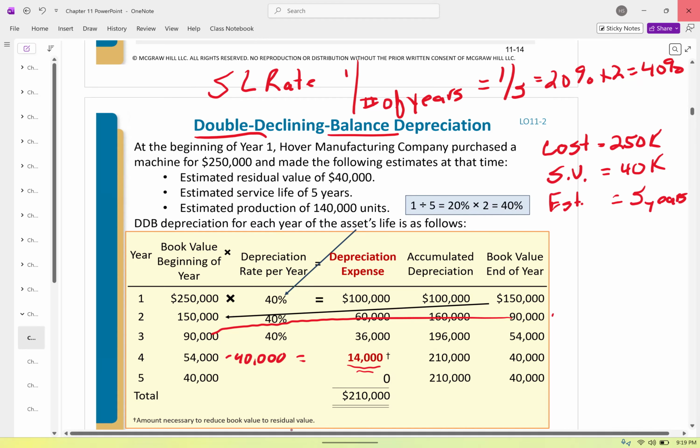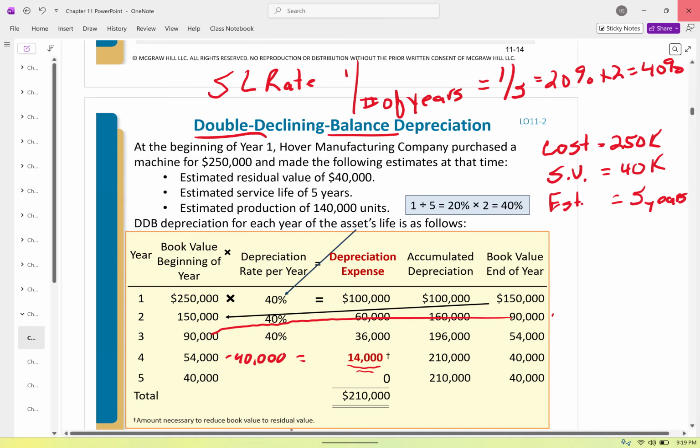This could roll over into a 6th year. It really depends a lot on how large the salvage value is. The salvage value was pretty large here, so we ended up depreciating it only 4 years, even though it had a 5-year life.